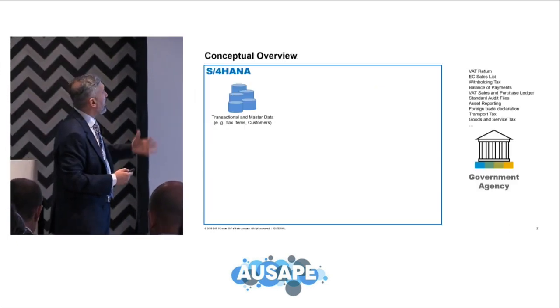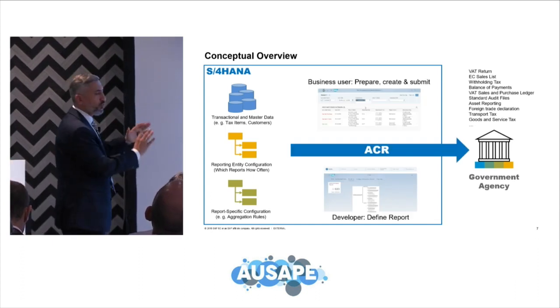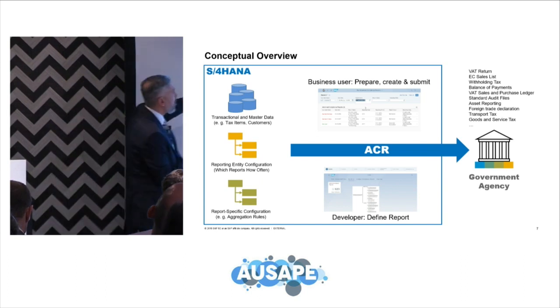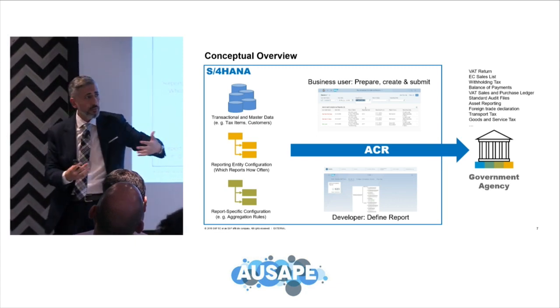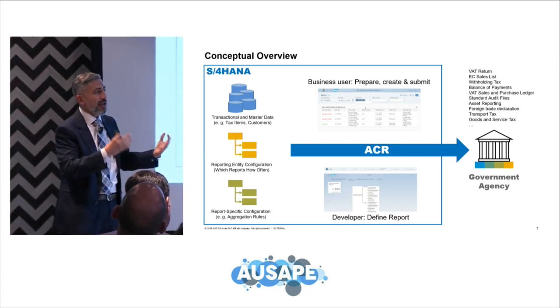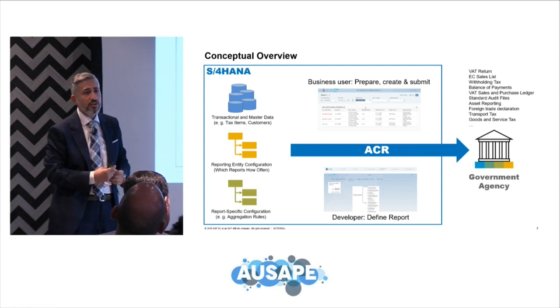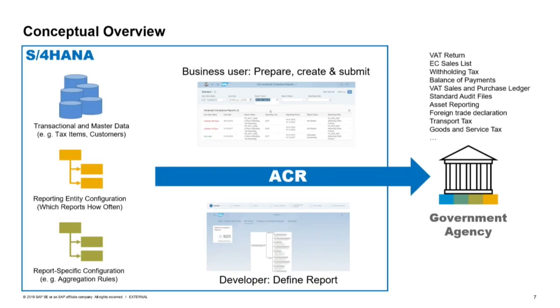So from a conceptual point of view, this is how we designed the process from the beginning. We define what type of transactions and what type of data I want to generate in the system, and how I can connect the right elements of the data together based on the report that I'm talking about. And then I have to define what we call the legal reporting entity.